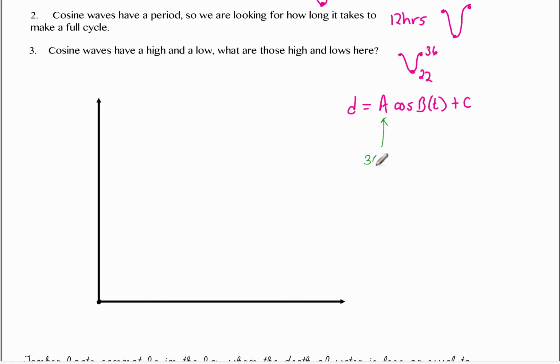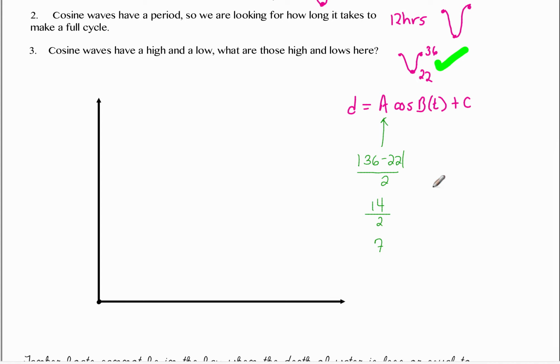It's high minus low, take the absolute value, and divide by 2. So here we are using this piece of information. 36 minus 22 is 14, divided by 2. We just figured out the amplitude is 7.